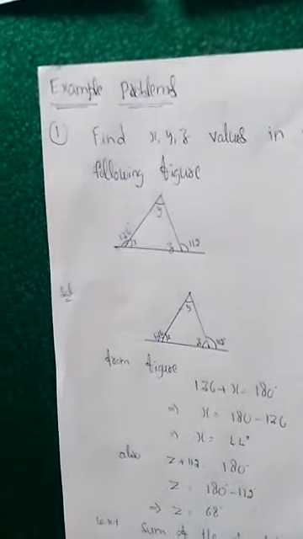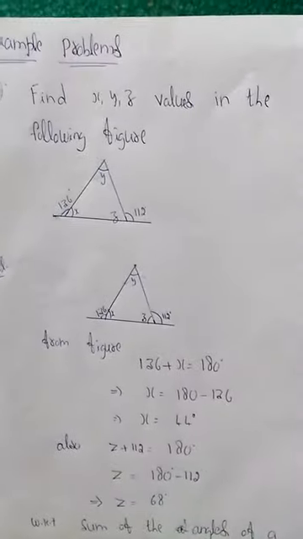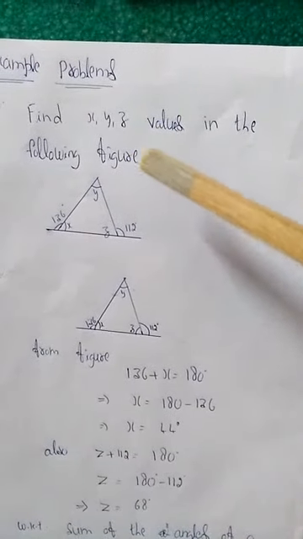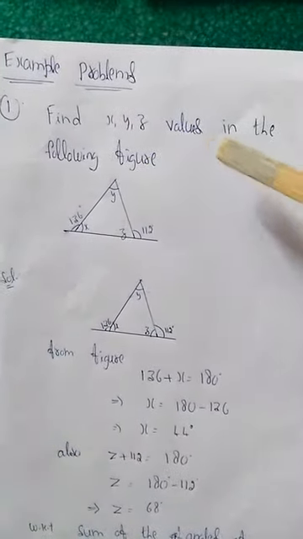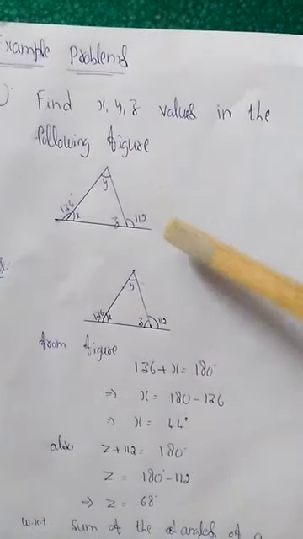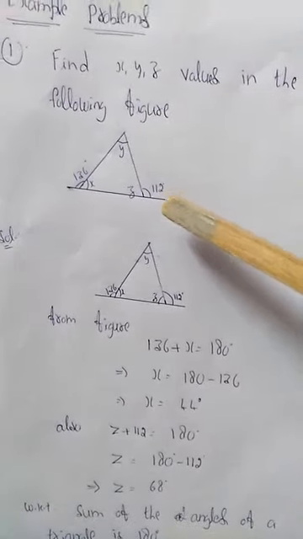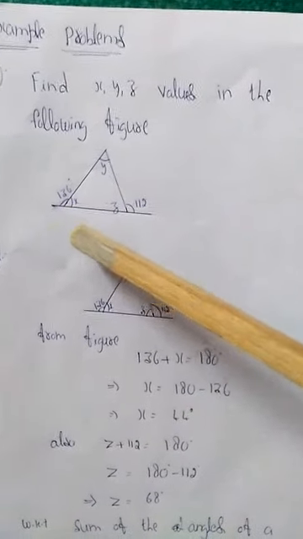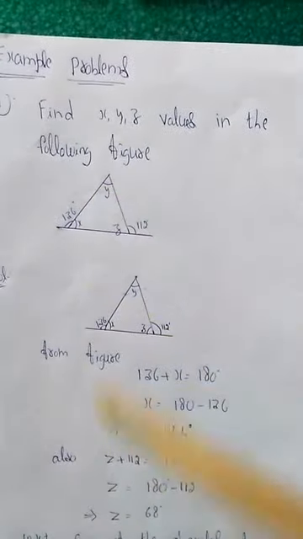Now we will see some problems on these properties today. Example problem. The first one: find x, y, z values in the following figure. So one figure I have given here asking to find x, y, z values.